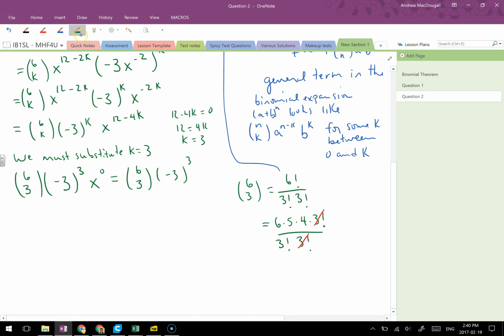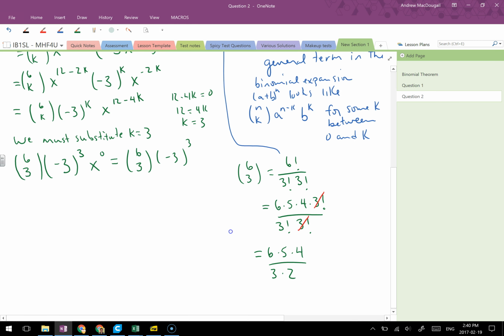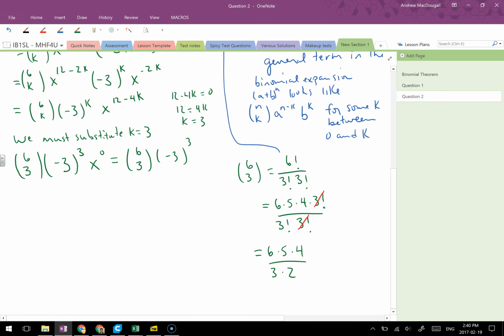Okay, let's show some steps. 6 times 5 times 4 over 3 factorial, which is 3 times 2 times 1. Well, 6 and 3 times 2 are the same thing, so this works out to be 20. So it is 20 times negative 27, which is equal to negative 540.